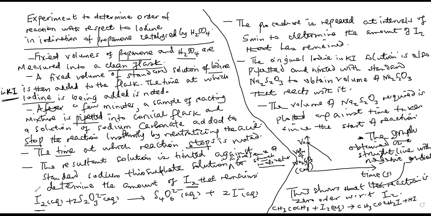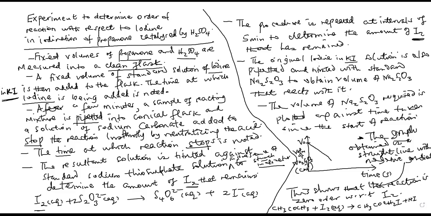You can use the mole ratio to get the moles of iodine, and then you can get the amount of iodine. You repeat the procedure for some minutes to determine the average amount of iodine that has remained. And then the original iodine potassium iodide solution can also be pipetted and titrated against sodium thiosulfate in order to obtain the volume of sodium thiosulfate that reacts with it.